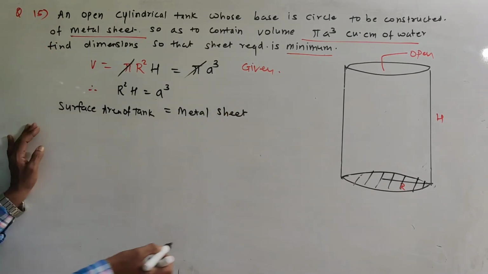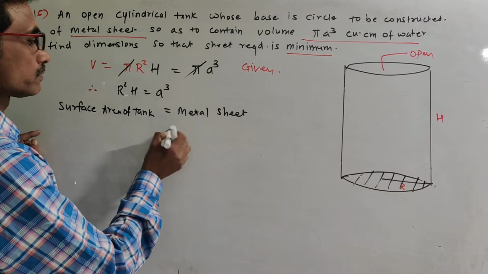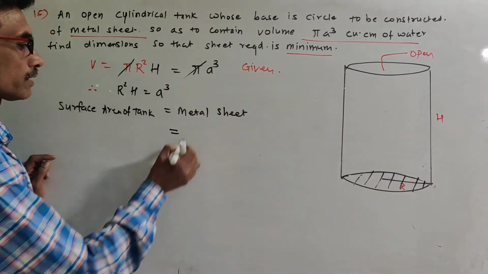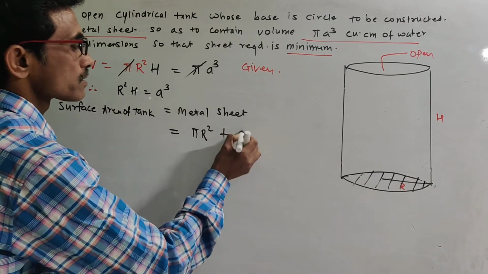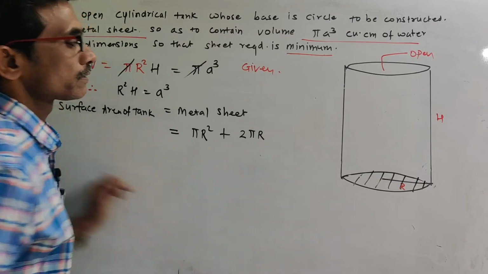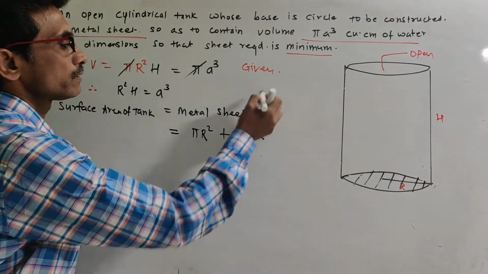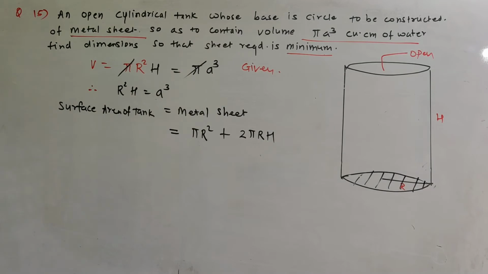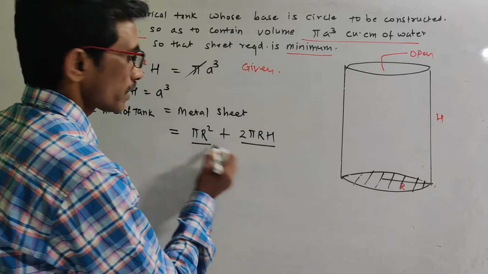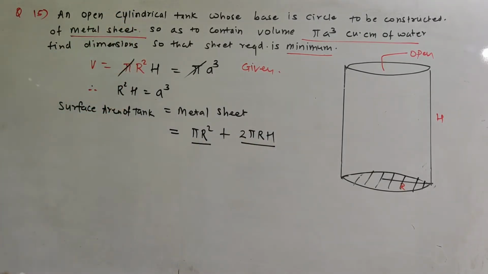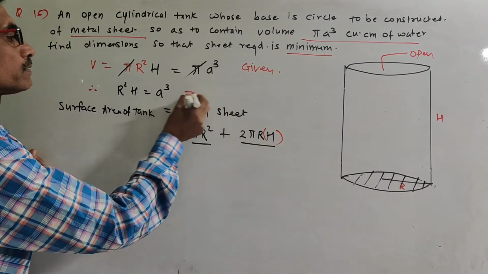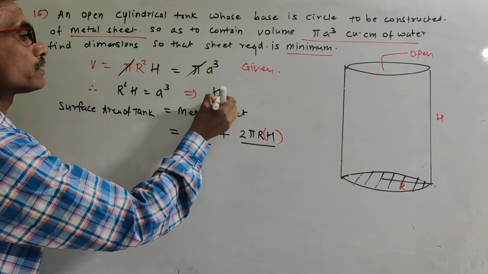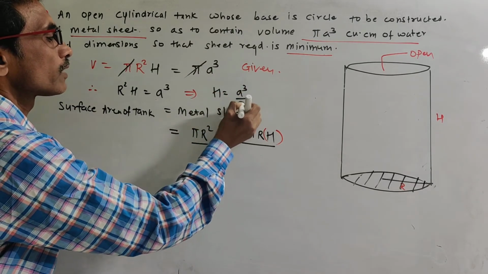So therefore the surface area will be what? Area of the base, that is pi r square, plus curved surface area. Curved surface area is 2 pi r, which is the circumference, times the height h. So this is curved surface area, and this is area of the base. Now we can eliminate h from this relation. h is equal to a cube upon r square.